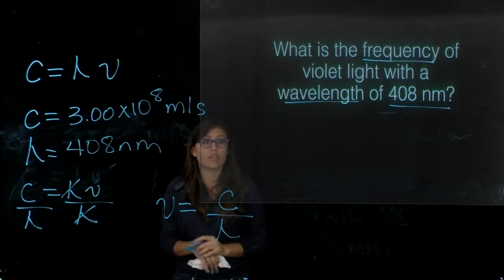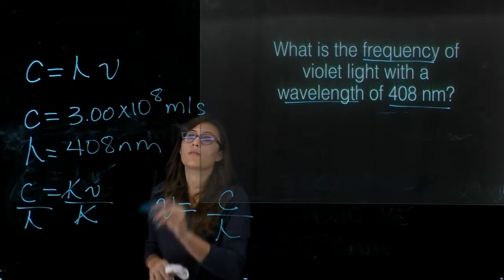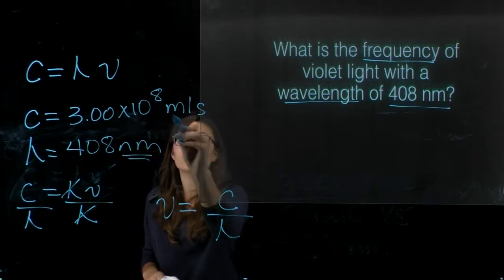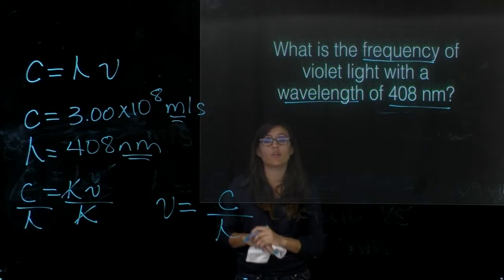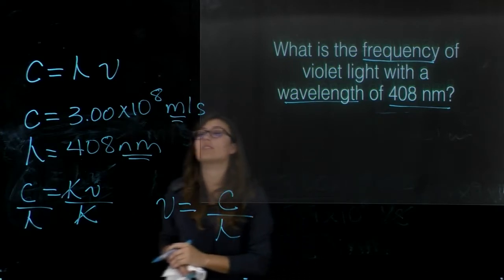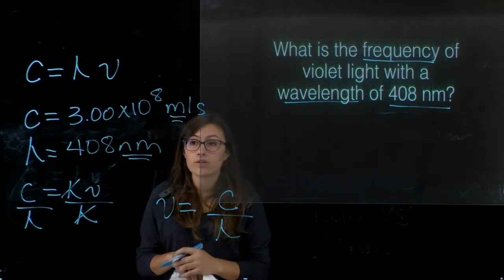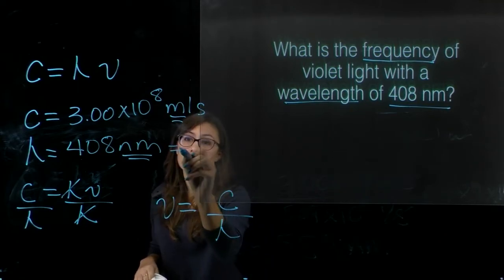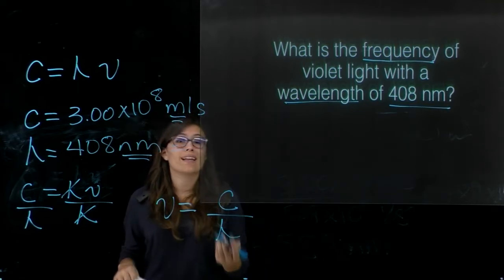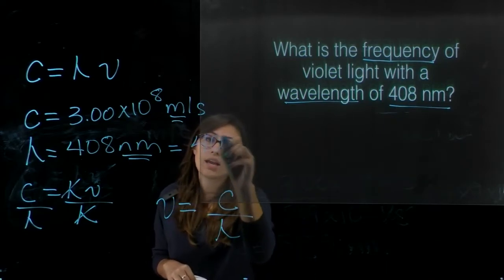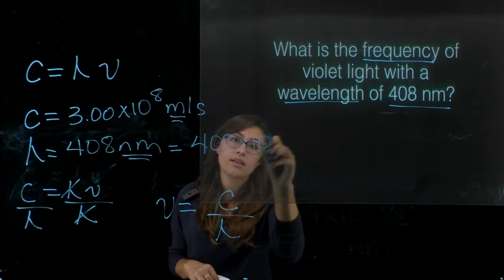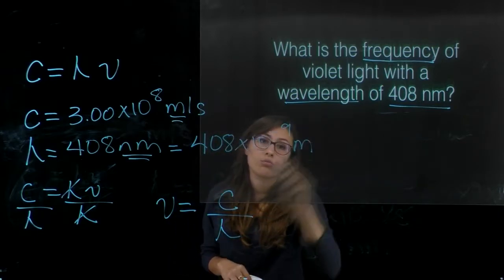A few things to also take note of is, in this case, our units do not match one another. When we're solving these problems, we have to make sure our units can cancel. So we're going to have to convert 408 nanometers to meters. We know that nano is 10 to the negative ninth, so 408 times 10 to the negative ninth meters.